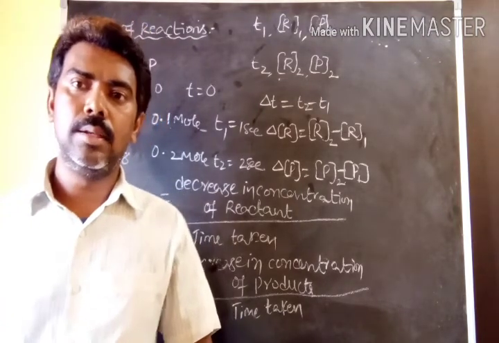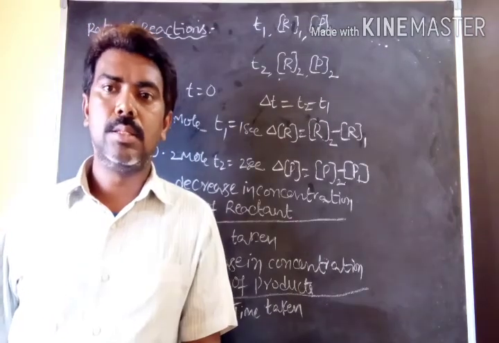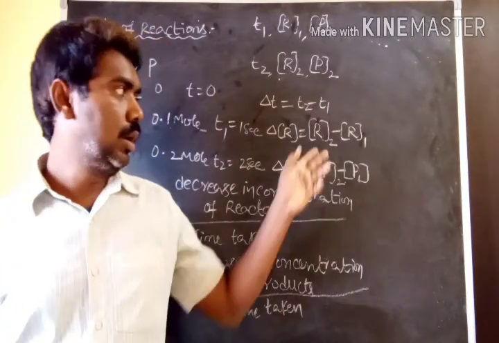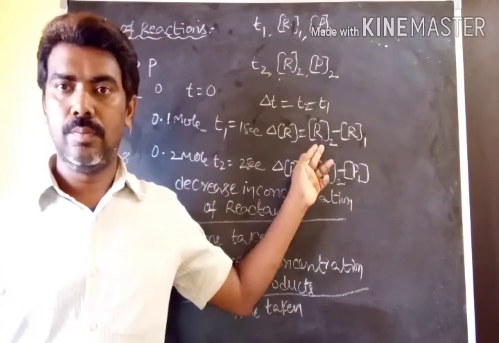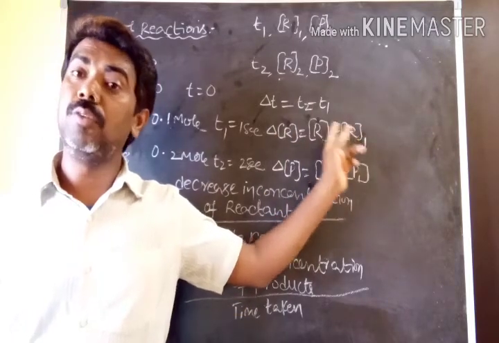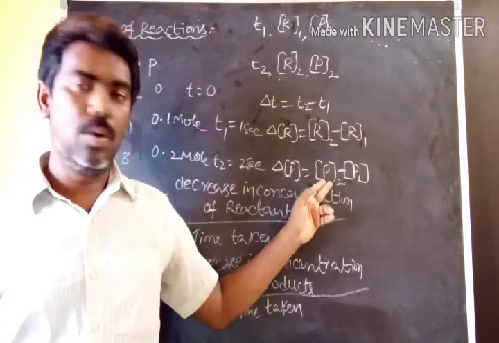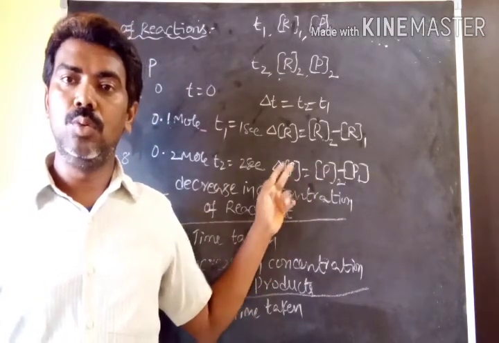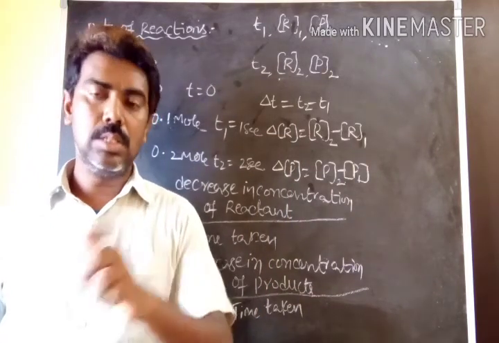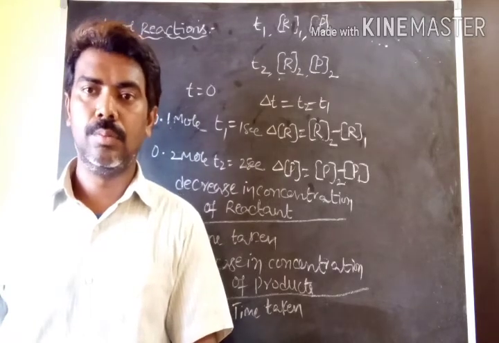The molar concentration of reactants at time T2, the molar concentration of reactants at time T1, or the molar concentration of product P2 at time T2 and P1 at time T1. That is the representation of molar concentrations using square brackets.